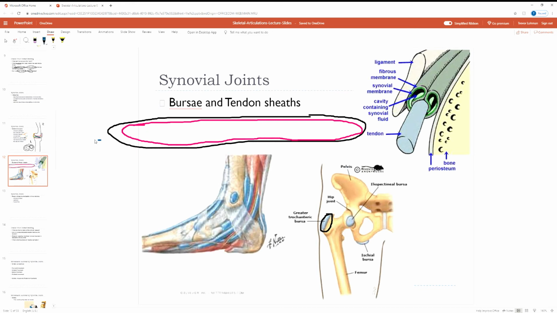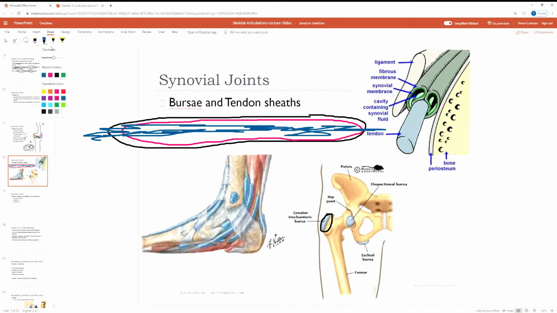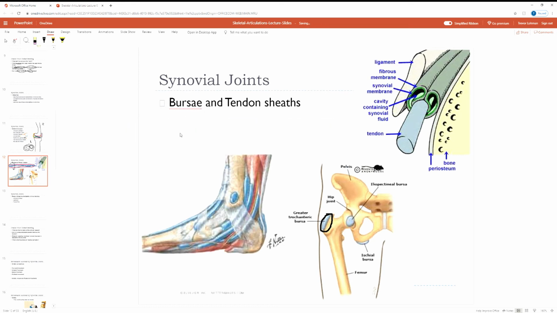But now we put a tendon that is supposed to be a straight, beautiful tendon. And then picture folding this tendon sheath around the tendon, like a burrito or a hot dog, and you get something that kind of looks like this.